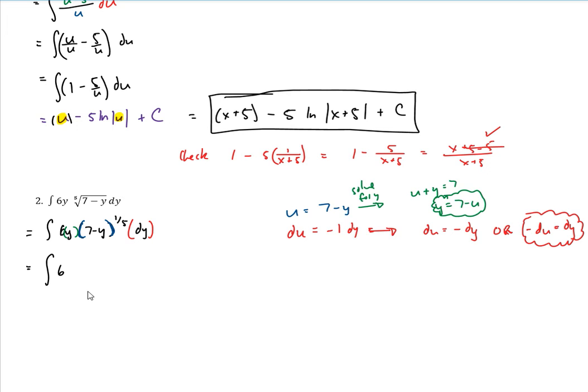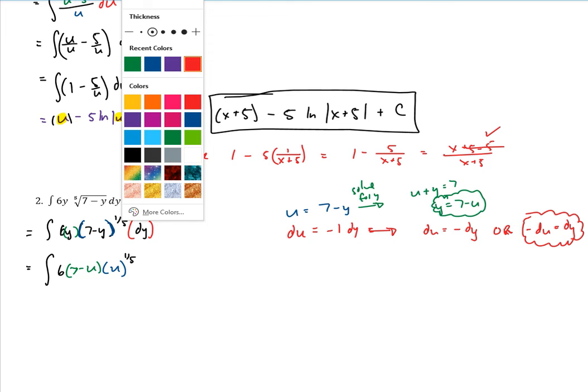And then now I can do all of these in the colors. I can sub them in. So the y is the same thing as 7 minus u. And then in the blue is just u. But it's raised to the 1/5. And then the dy we're saying is negative du.